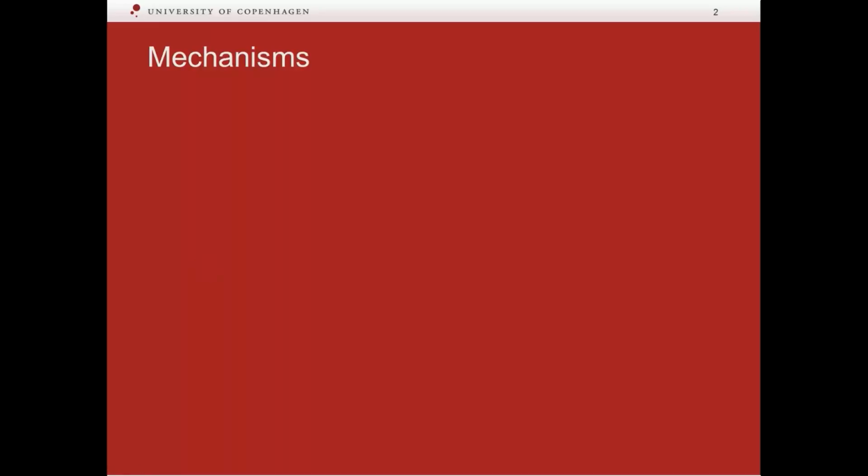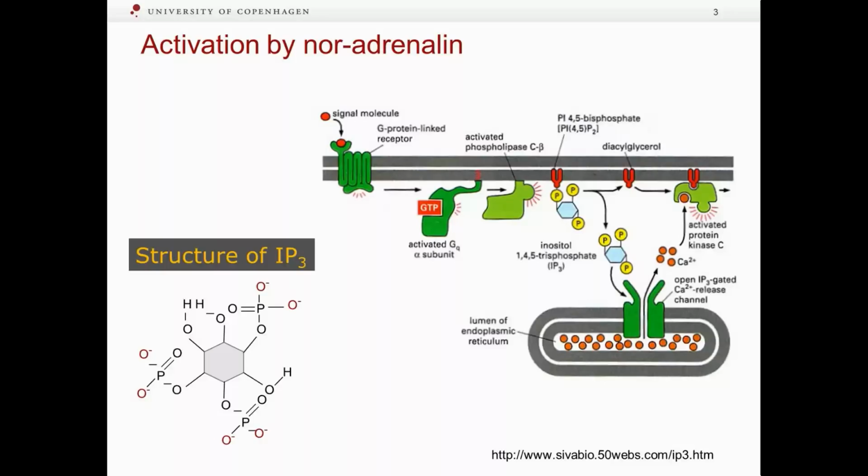First, as to the mechanisms of calcium-induced calcium release. The picture here shows how the signal molecule inositol triphosphate, abbreviated IP3, is anchored in the plasma membrane through diacylglycerol.